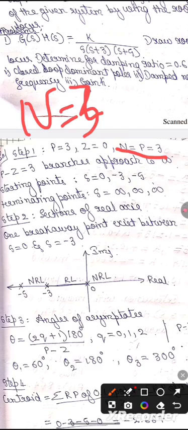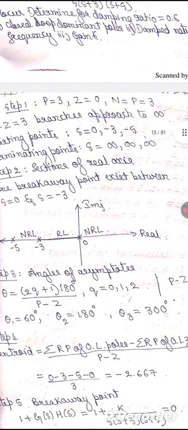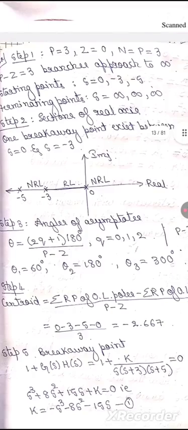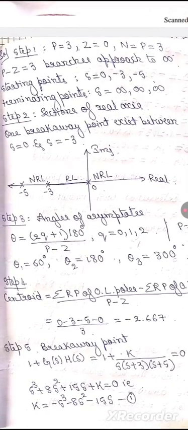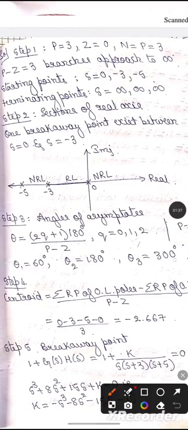So next, starting points already we have discussed. Terminating point is infinity always. So section of real axis. Here first you need to mark the poles 0, minus 3 and minus 5.